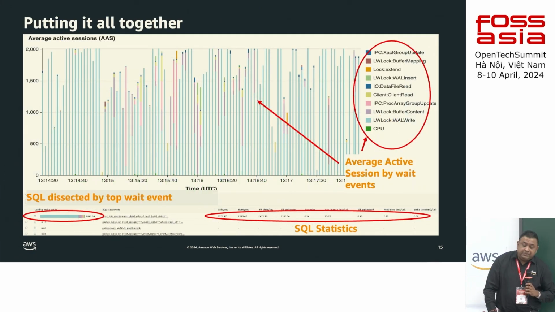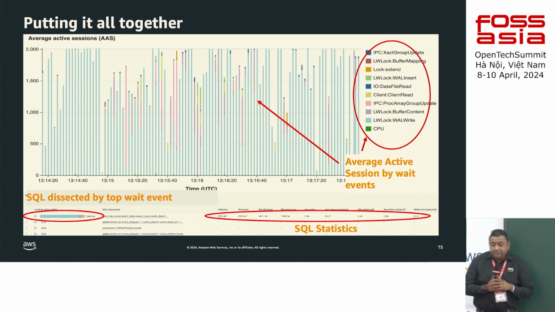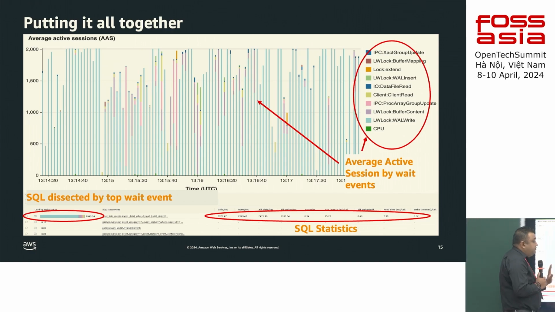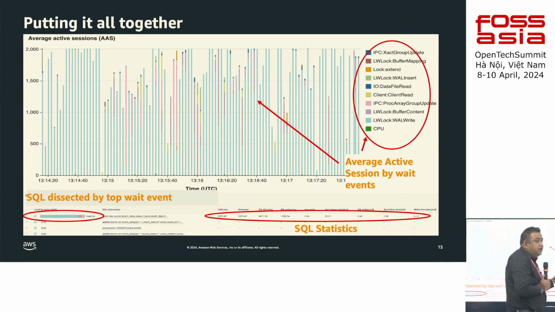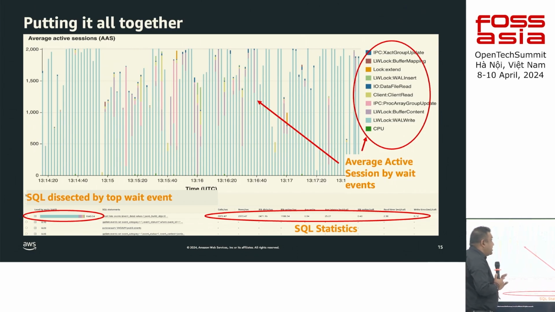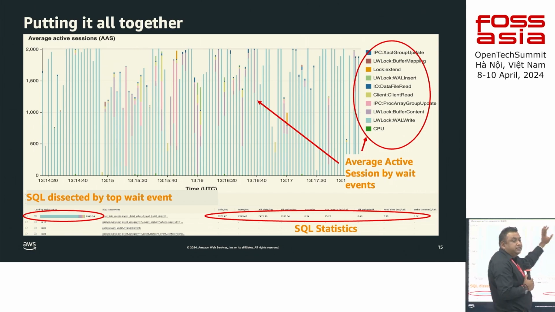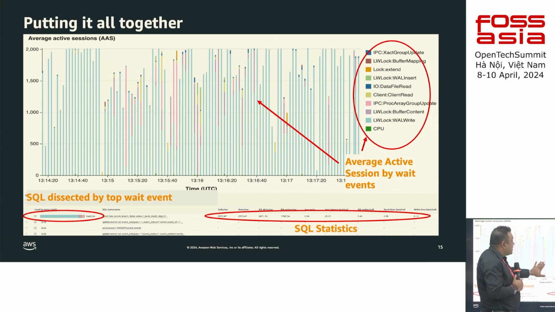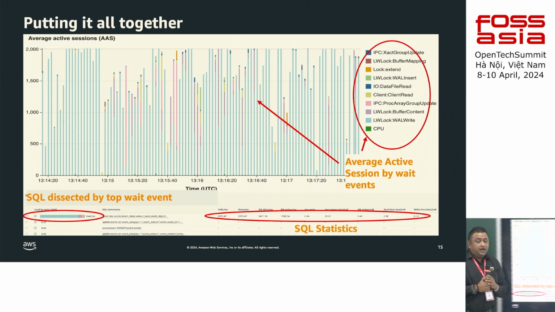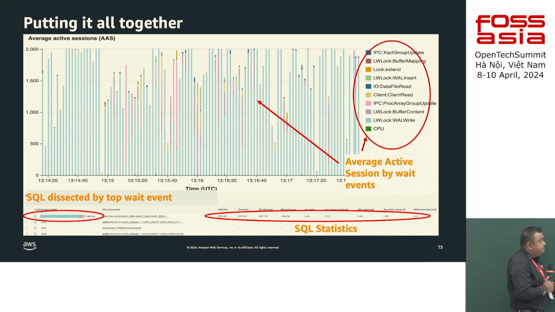So if you sample pg_stat_activity and pg_stat_statements, you can get a holistic view of your workload, right? It tells you over time what the wait events were at a particular point in time. So for example, you can see it's not running, or you can see what led up to that, or what kind of wait events were there at that particular point in time, which is why sampling is so important.